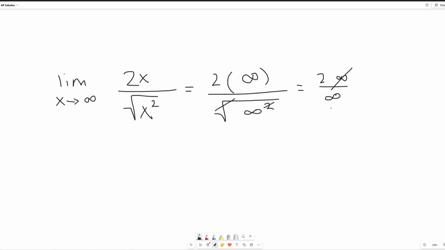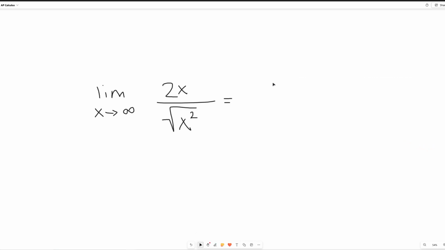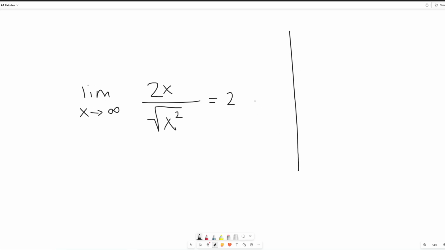And these infinities can cancel out. So the limit as this approaches infinity is 2, which means that the horizontal asymptote, or at least one of them, because we want to find both, is 2. So we know on a graph that one of the asymptotes, however the function is, will end up at 2.